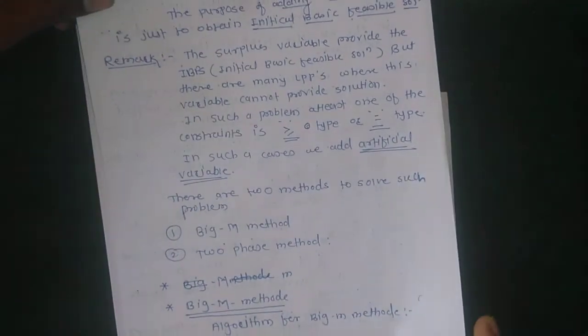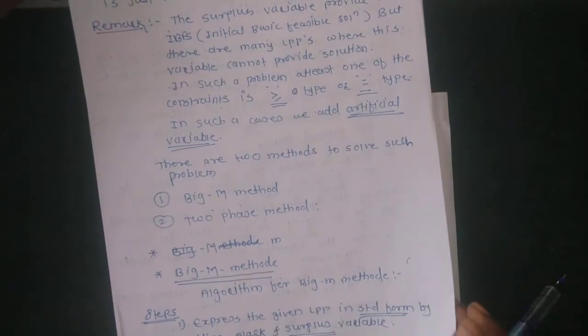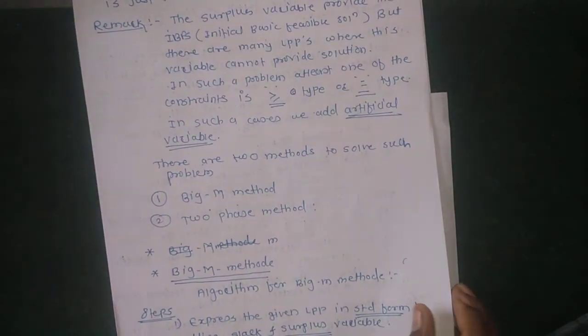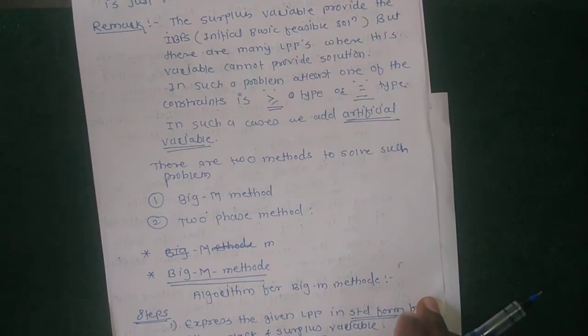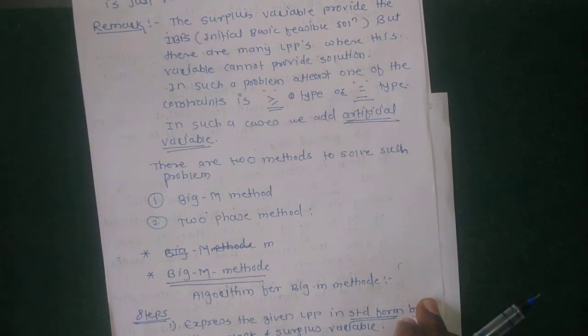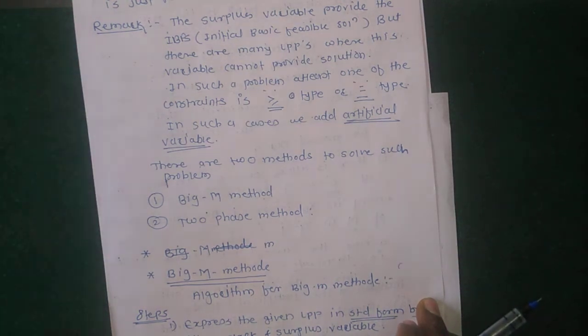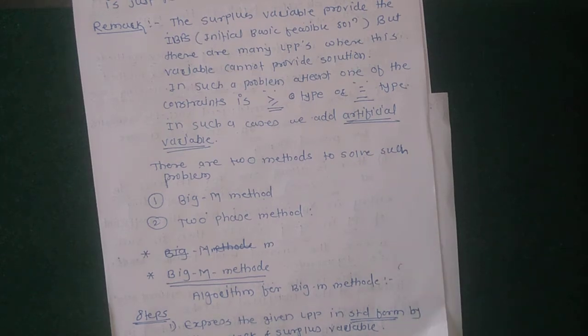How to write it? If the objective function is given as minimize, then convert it to maximize by multiplying by -1, and add surplus and slack variables in the constraints, taking their cost in the objective function as 0. And next is adding an artificial variable.